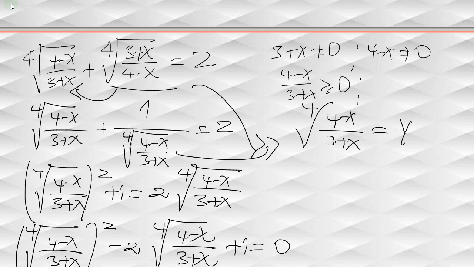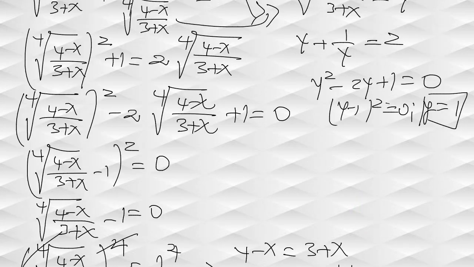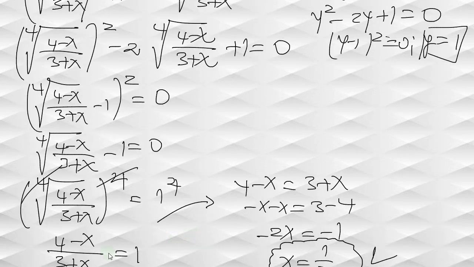So we're just going to say that this is going to be y plus 1 over y, equals 2, and then this would be y squared minus 2y plus 1 equals 0, which is (y minus 1) squared equals 0, and y would be 1. And this is the same thing that we got here. This one is the same we got here.